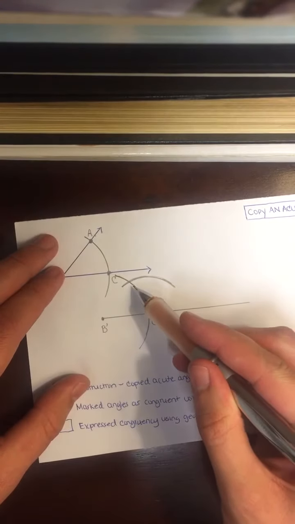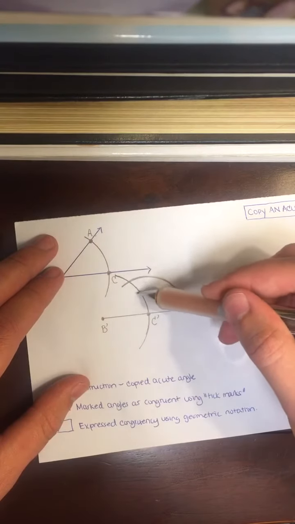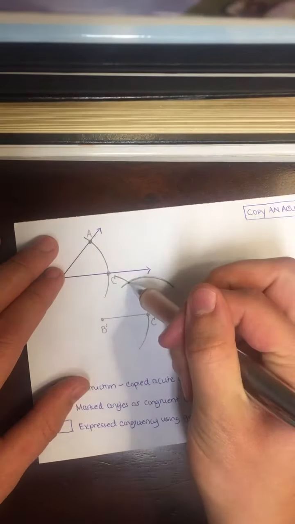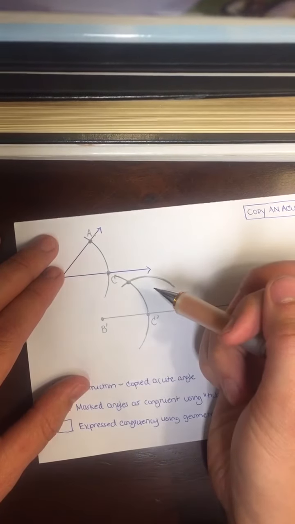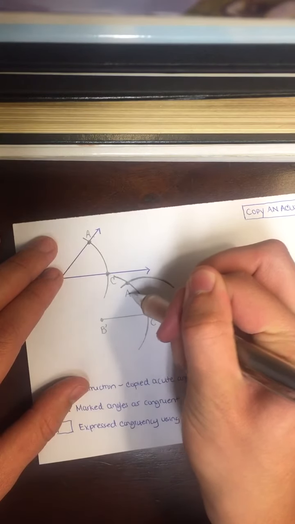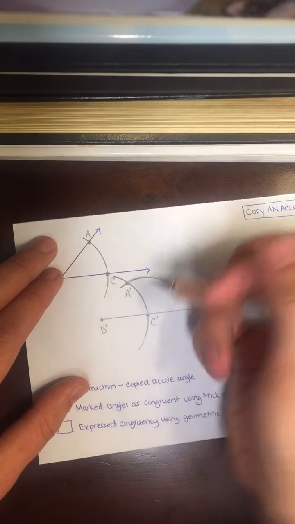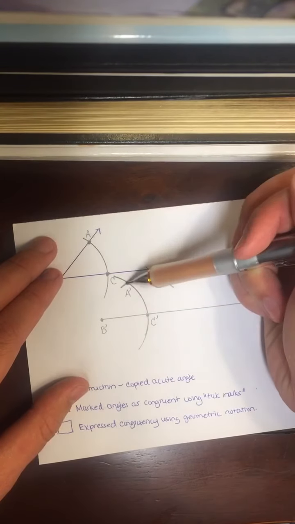The point of intersection between the arc that I just drew and the arc in my previous step is exactly where my A prime is located. So I draw a point there and label it as A prime. Essentially, I've copied my point A from up above. It is now called A prime.